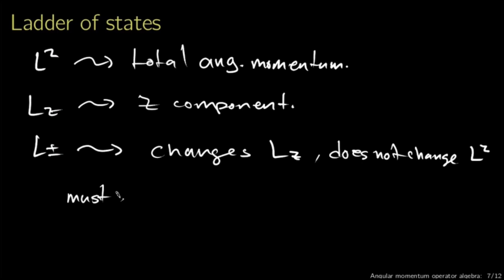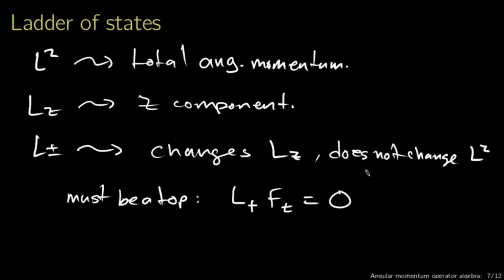There must be a top. An uppermost state that I get by repeatedly applying L plus. In order for there to be a termination to that sequence, there has to be a top state. And what I mean by that is that L plus acting on this, and I'll call it Ft for F top, is equal to 0.